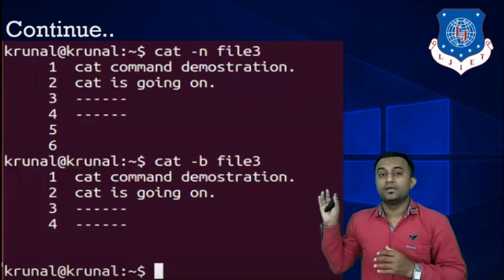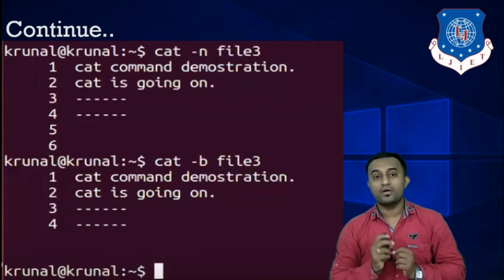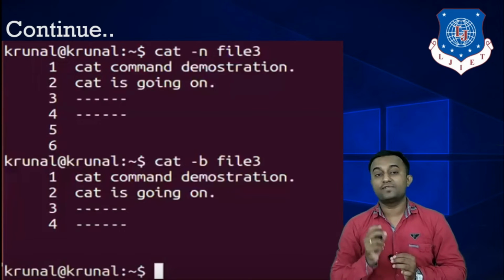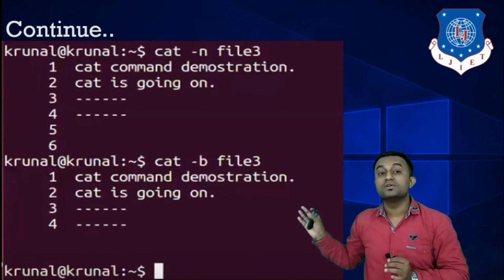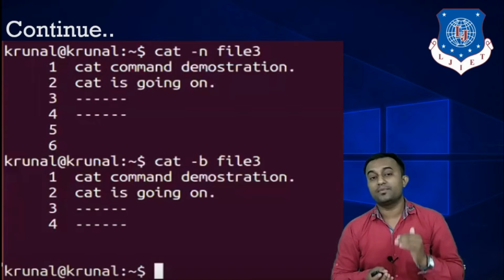So you can see the first row contains text, second row contains text, third row contains a dotted line, fourth row contains a dotted line, and the fifth and sixth are nothing but empty rows. Still, that is reserved and it represents line numbers.